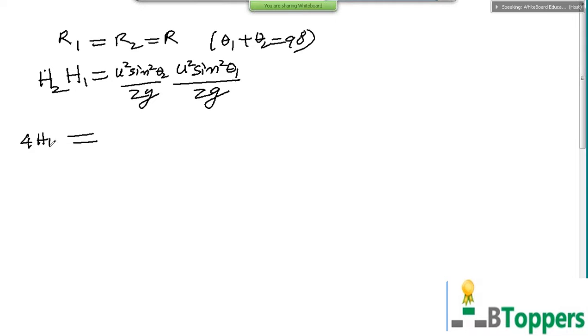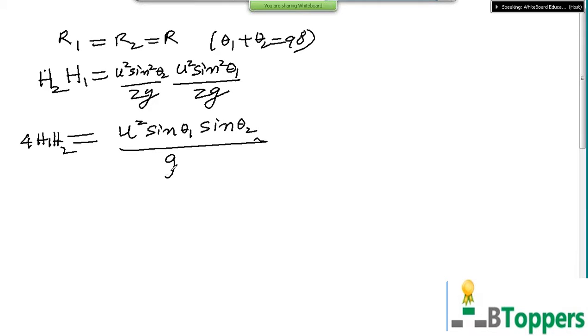So for H1 H2, you can write it as u square into sine theta 1 into sine theta 2 by g, whole square.